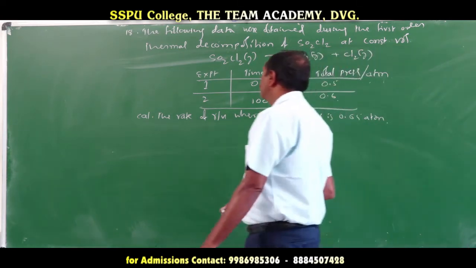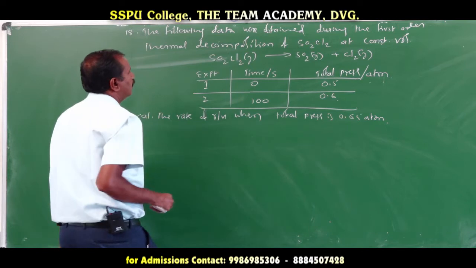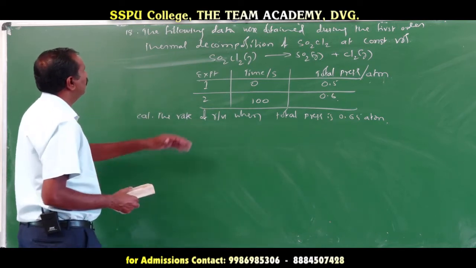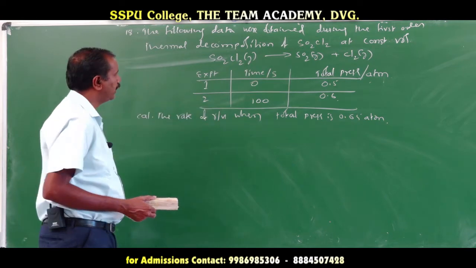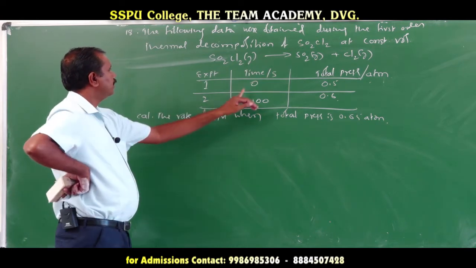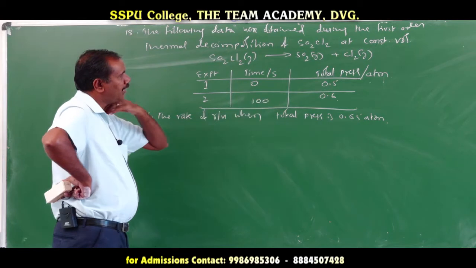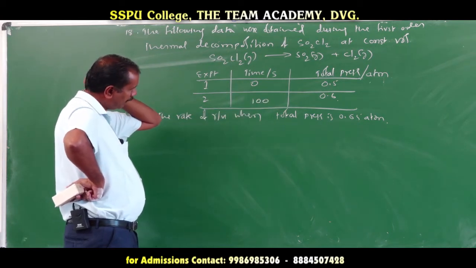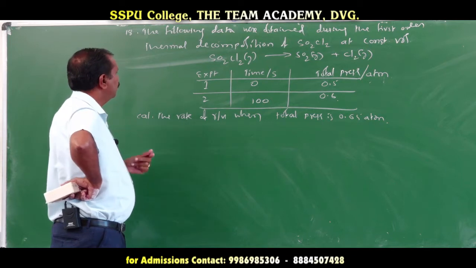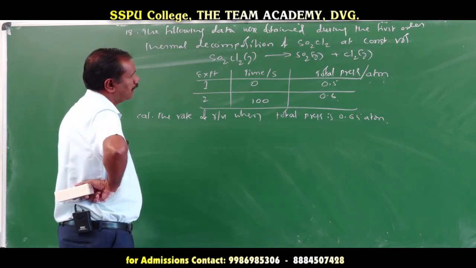Okay. So I have to find out the rate of reaction when there is a decomposition of SO2Cl2, which becomes SO2 plus Cl2. When the time is 0, the total pressure of that gas becomes 0.5. When time is 100, it becomes 0.6. How to find out the rate of reaction?